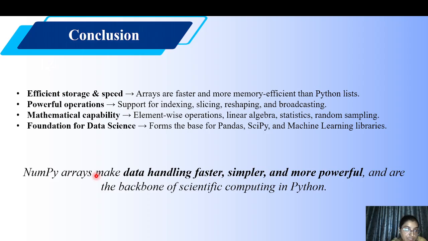NumPy gives us the speed and math, and Pandas gives us structure and usability. So with NumPy and Pandas, your data is no longer just raw numbers. It becomes fast, organized, and ready for insights. And this is the very first step towards becoming a data analyst or data scientist.